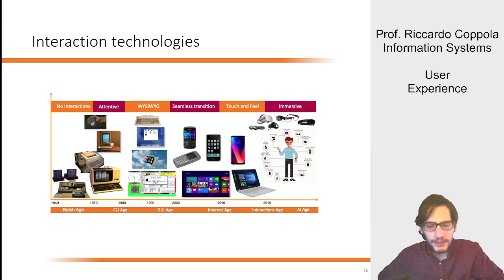So if some years ago you could just open and close your fridge, now maybe your fridge has an embedded tablet where you can look at what is inside the fridge, or the temperature of the fridge, or have notifications and whatever. So by now we live in an immersive reality where we have tons of different devices with which we can interact and communicate.